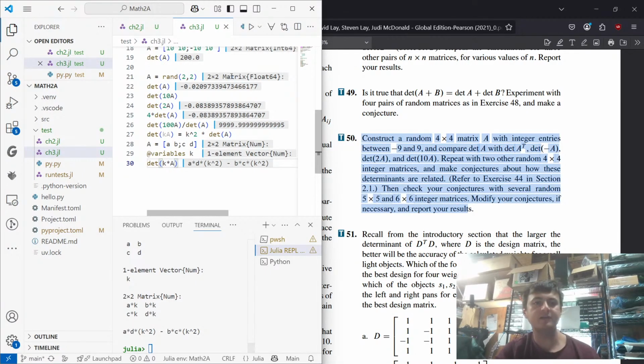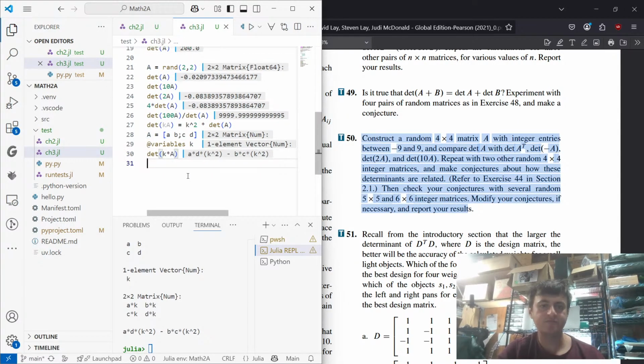Yeah, but does that continue for 3x3s? I don't know if that continues for 3x3s.